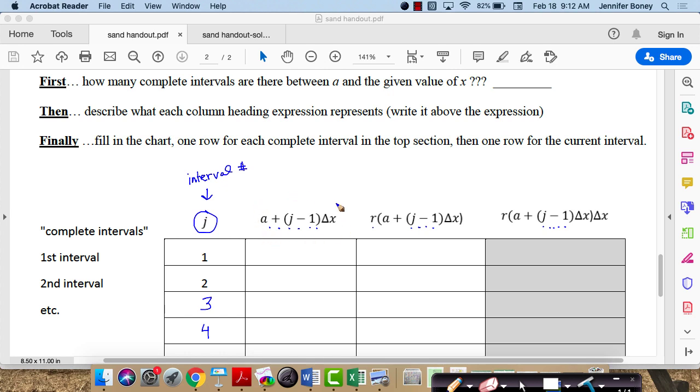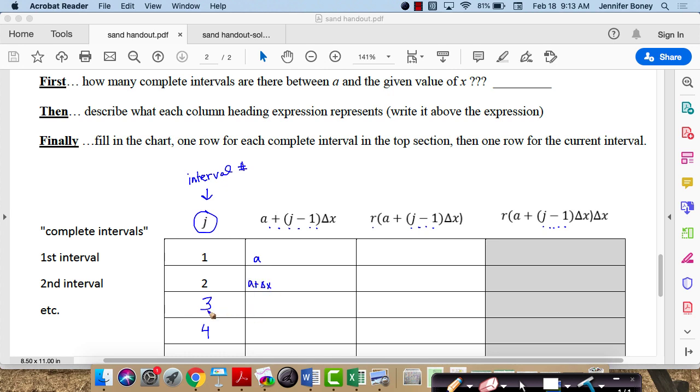This gives us what? What is this, a plus something delta x? All of those, regardless of the value of j, because j is going to have a bunch of different values. What sort of thing are these? So if j equals 1, I get a. If j equals 2, I get a plus 1 delta x.